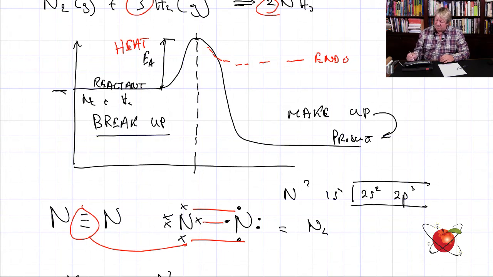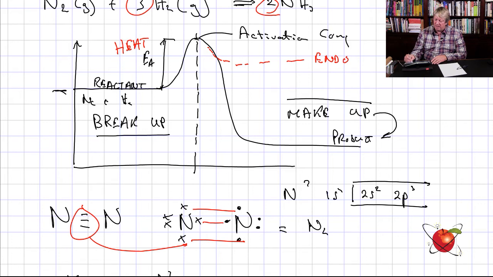This is our reactants, and we're going to add energy to get to what we call the activation complex over there. The activation complex is in essence when all we've done is separated everybody.